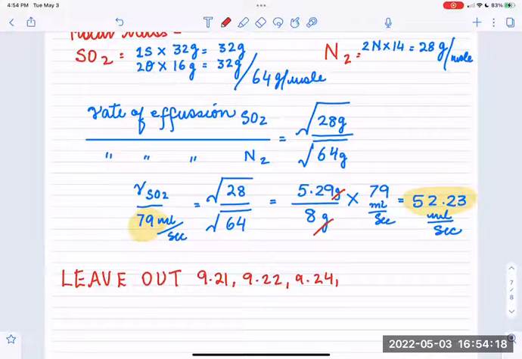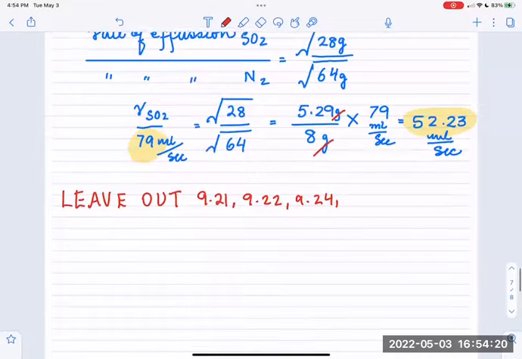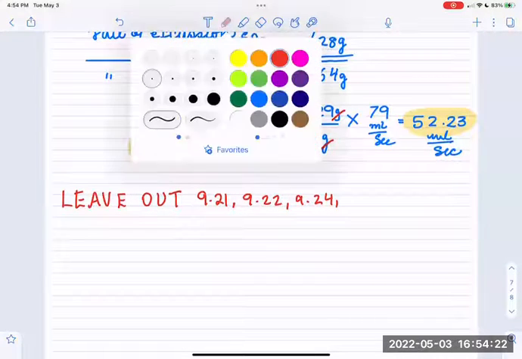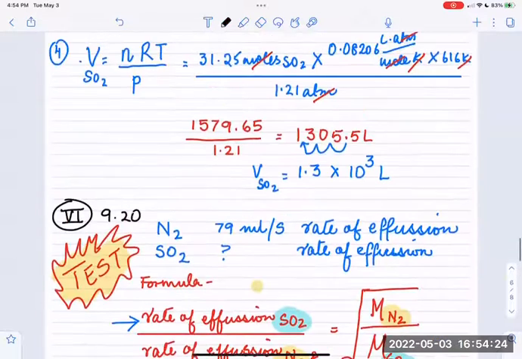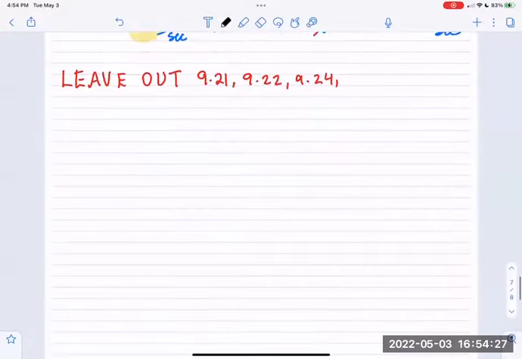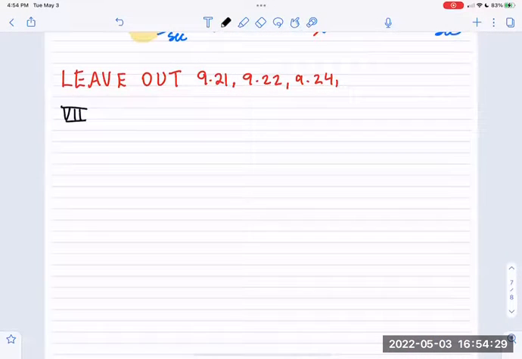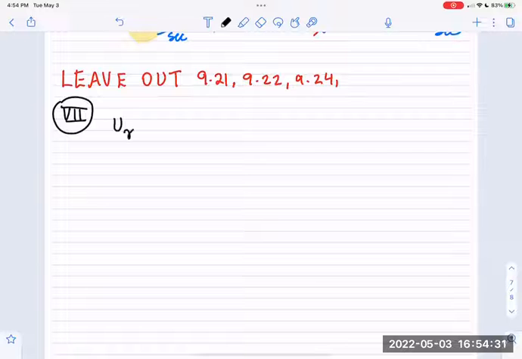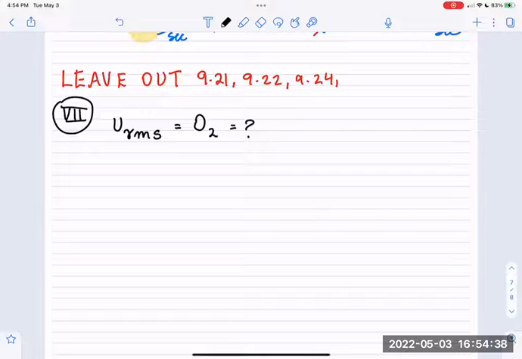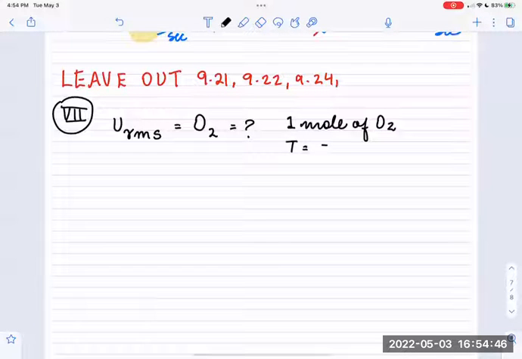Okay, here. Calculate the root mean square velocity of a mole of oxygen molecule at. So this is the URMS of oxygen. The temperature given is, and this is for 1 mole of oxygen, the temperature is negative 23 degrees Celsius.